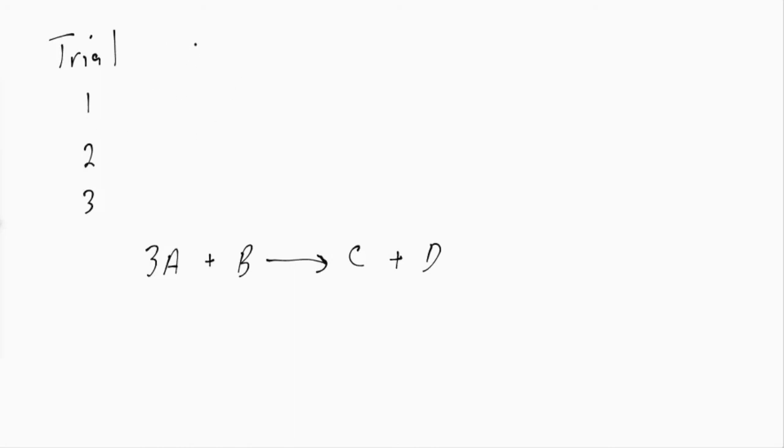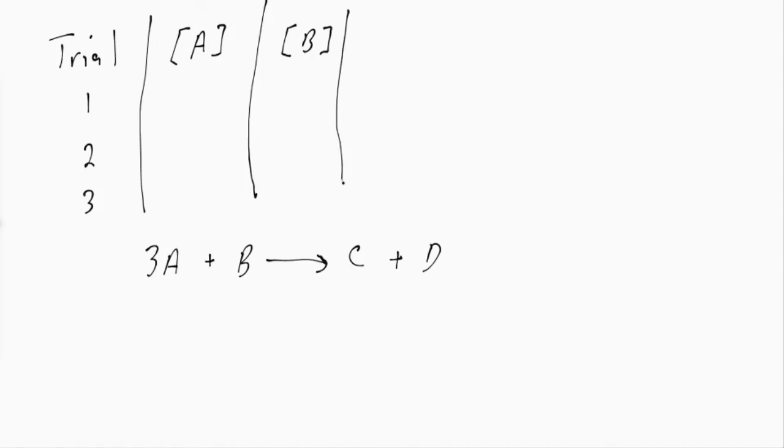So what are the factors? Well, we have 2 reactants. We have the concentration of A that we've got to contend with. We have the concentration of B that we need to think about. And then we have the rate.